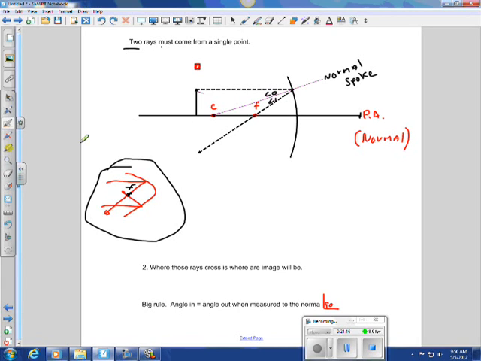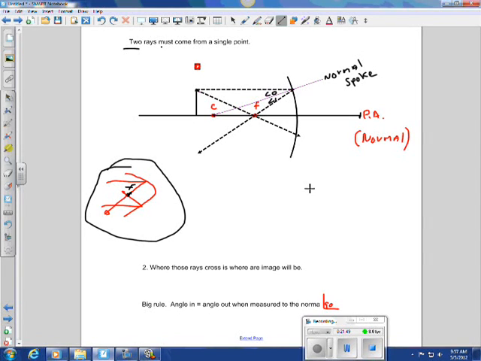Well, I'll tell you what. Let me undo that. One second, please, as I try to get my tools working. I may have to show it just like this. I'm going to take another ray of light, and I'm going to bounce it through the focal point. Okay, right like this.